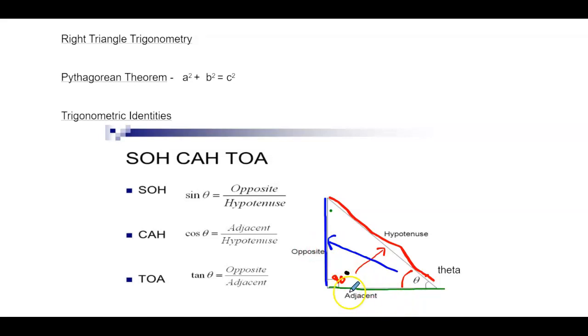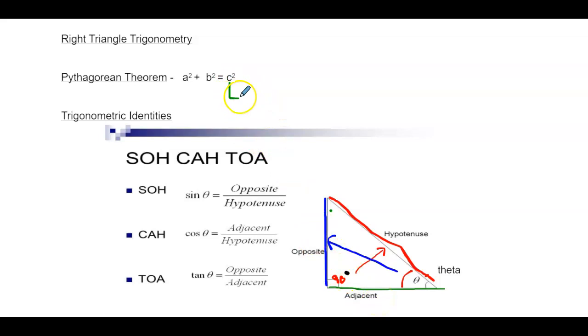Regardless of that, we're going to use a couple ideas to work through this. One of the things that we use is the Pythagorean theorem, which relates the sides of the right triangle. A squared plus B squared equals C squared is the mathematical way that you describe it.